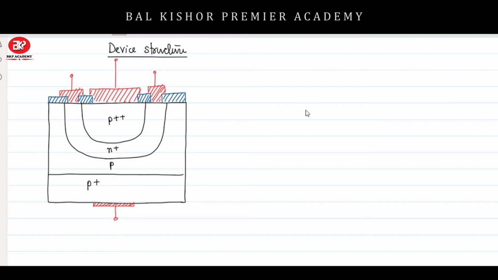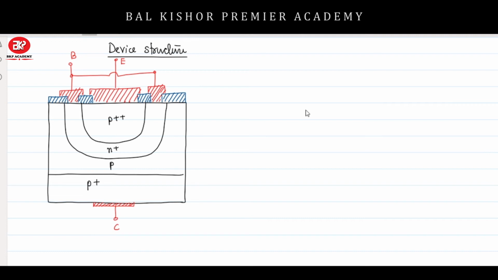This terminal is the emitter, these two terminals will be connected together to form the base, and this is the collector terminal. So this is the original structure of a PNP device.